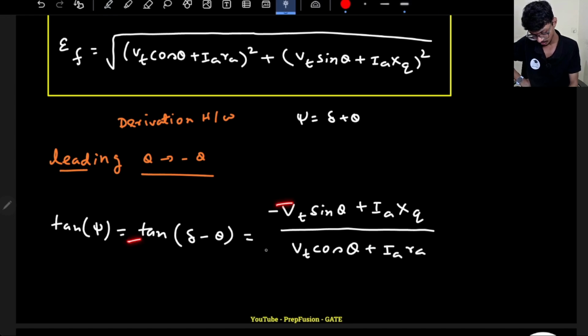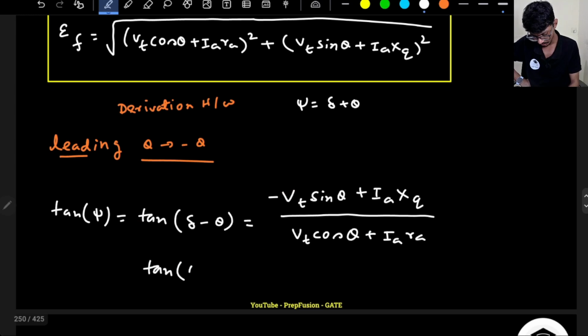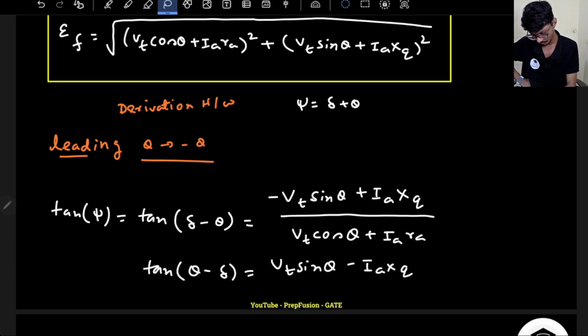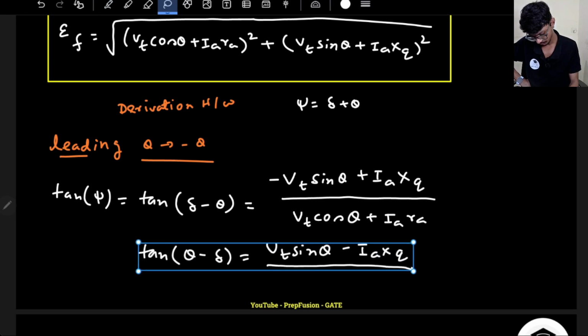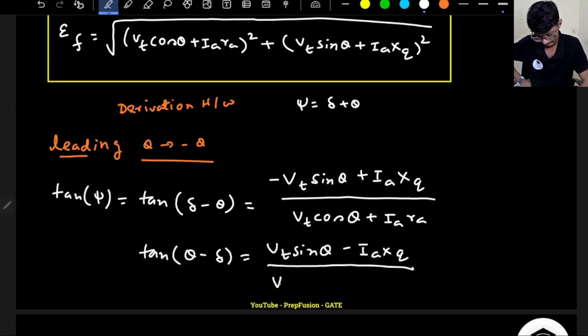If I multiply minus on both sides, what will happen? Tan of theta minus delta will be equal to, because I want to make Vt positive, Vt sin theta minus Ia Xq divided by Vt cos theta plus Ia Ra.